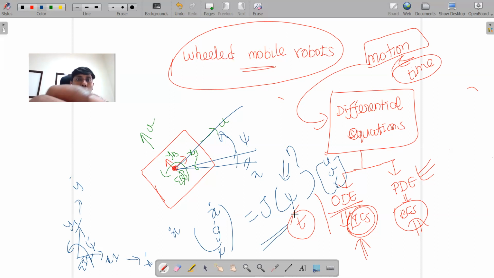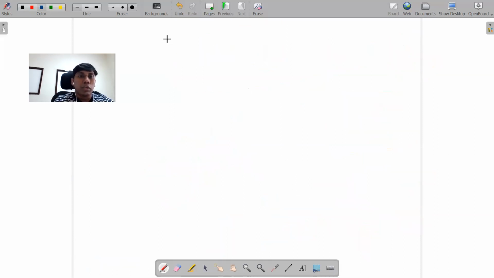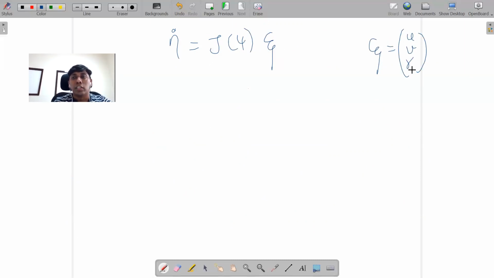Now we look at it further. We got eta dot equals J of psi times zeta, where zeta is u, v, r, the body-fixed velocity, meaning the instantaneous velocity, and eta dot is x dot, y dot, and psi dot.